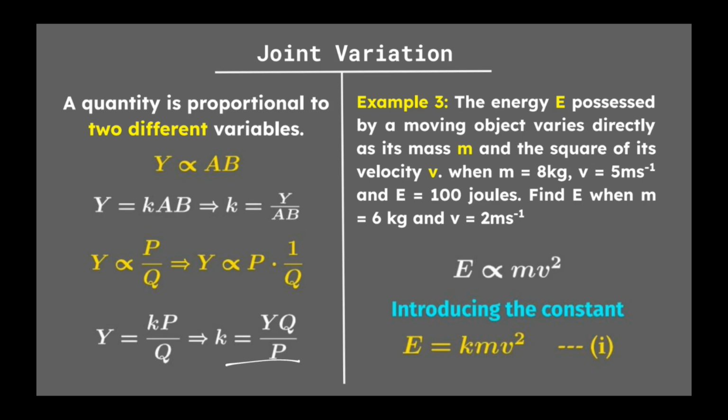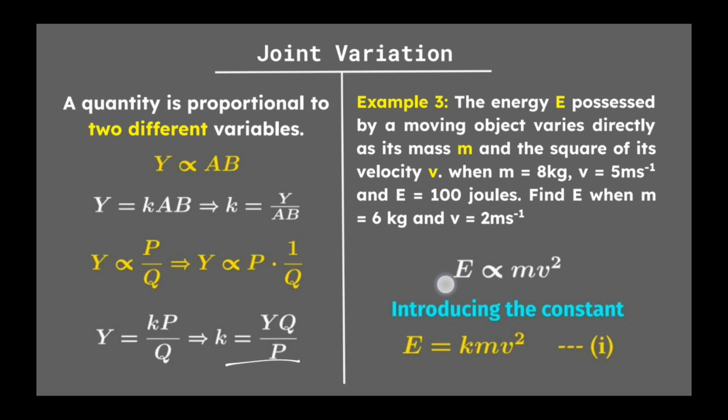And this example will help to put things in perspective. The question says the energy E possessed by a moving object varies directly as its mass and the square of its velocity v. When m is 8 kilograms, v is 5 meters per second, and E is 100 joules. Find E, that's the energy, when m is 6 kilograms and v is 2 meters per second.